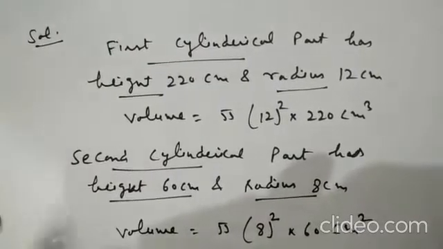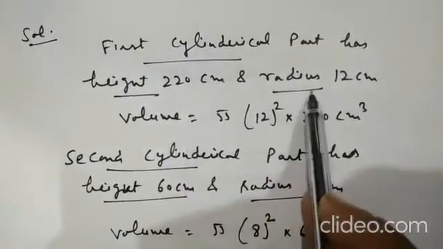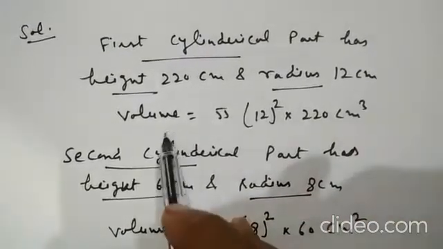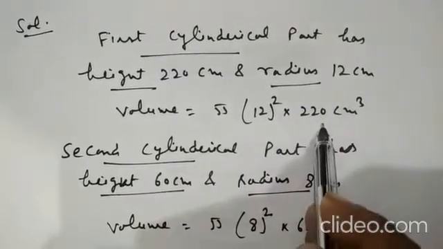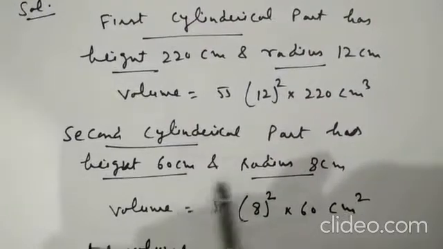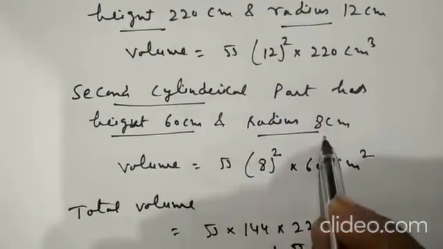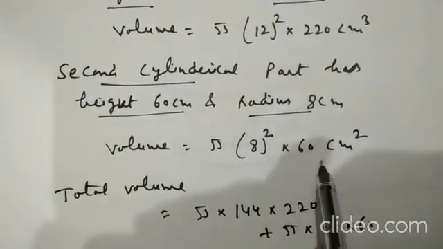So the first cylindrical part has height 220 centimeter and radius 12 centimeter. Volume is pi r square into h. The second cylindrical part has height 60 centimeter and radius 8 centimeter. Volume pi r square into h.